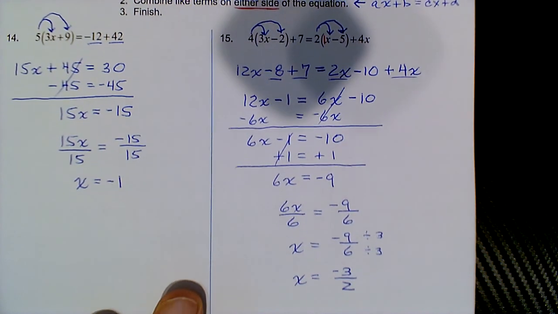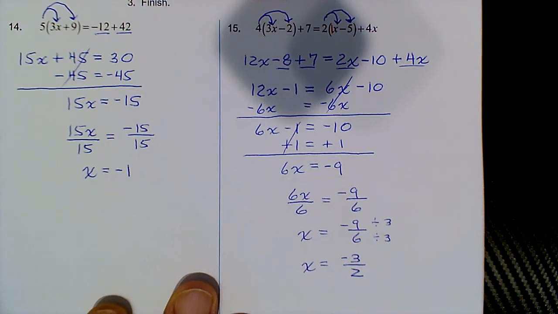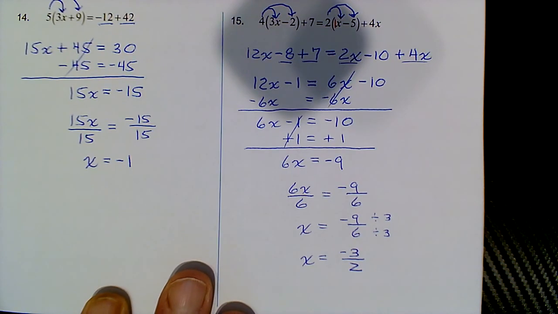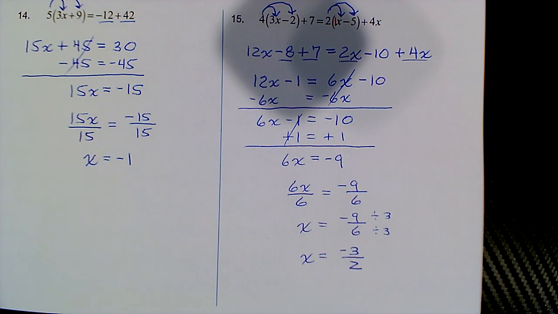So please be disciplined, write out your solutions neatly, skip steps once you get really proficient, but I would strongly encourage you to write everything out neatly, take one step at a time, because discipline in mathematics is extremely important.